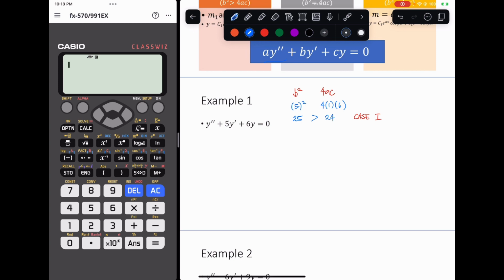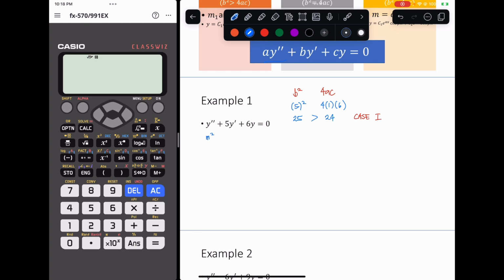So we can do this one by factoring. But then we need to first convert the differential equation into an equivalent algebraic equation. That is, y double prime will be transformed into m squared. So the derivatives correspond to the power of the given term.